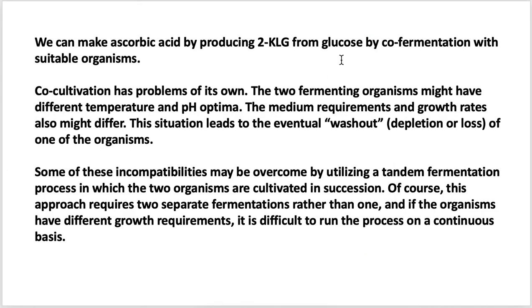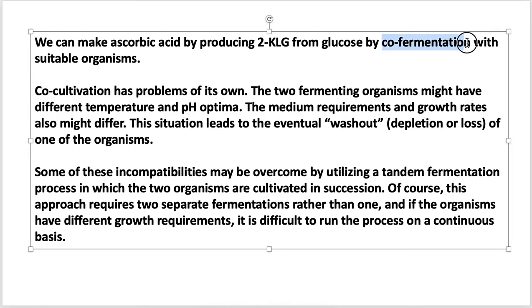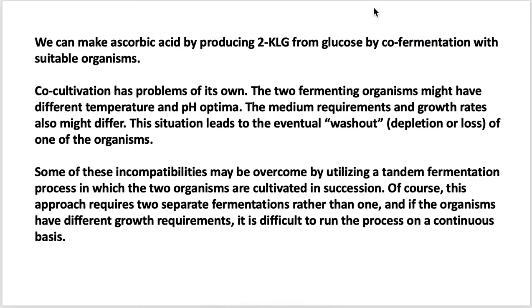Theoretically it is possible to do co-fermentation, using both bacteria at a time, but co-cultivation is a complex process, because most of the time these two bacteria may require different fermentation conditions. If their requirements are different, it will be very difficult to design an optimum fermentation process where both microorganisms will grow optimally.